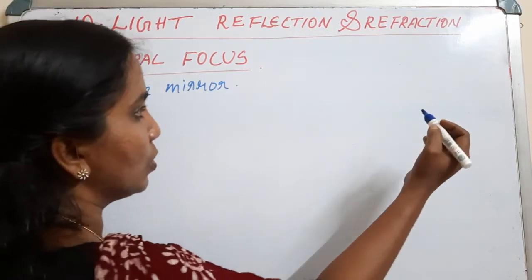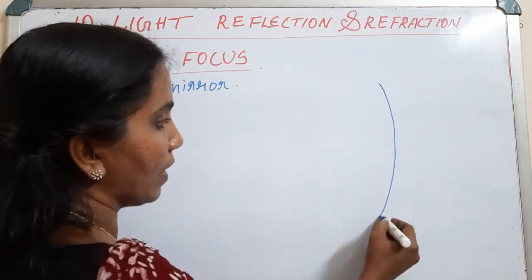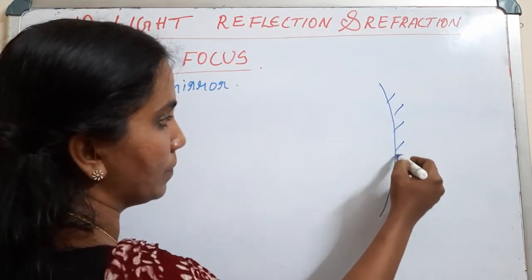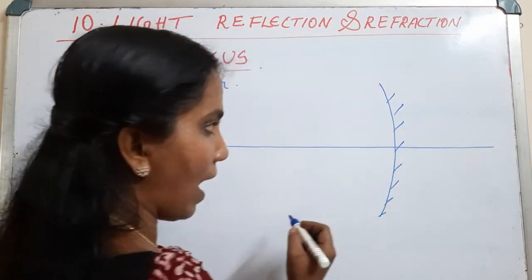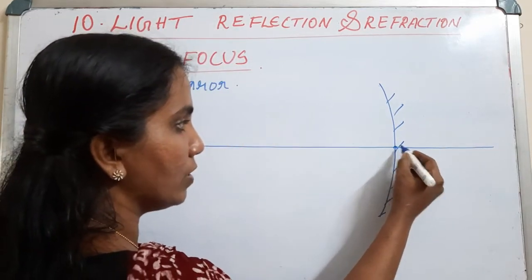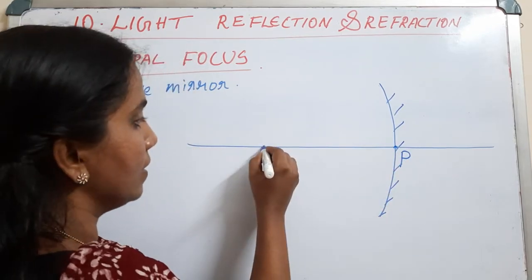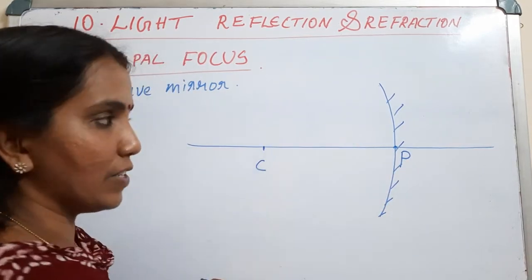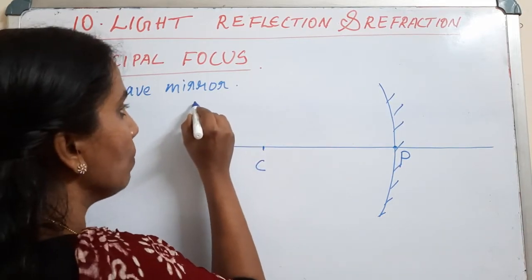So I am drawing all these things, whatever I told now. Okay, we have a concave mirror. Now this is the principal axis. This point we call as pole P, and this is the center of curvature. Now a parallel beam of light.